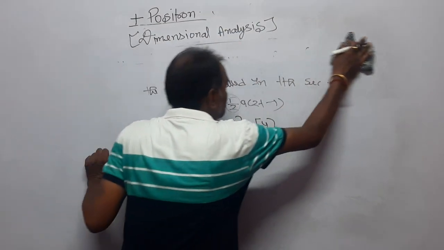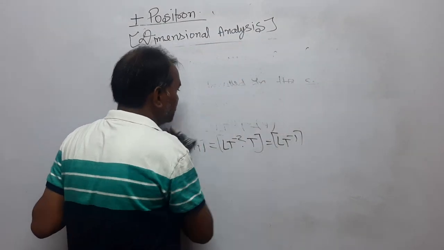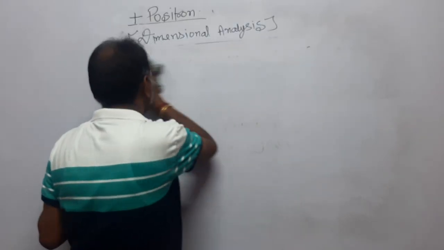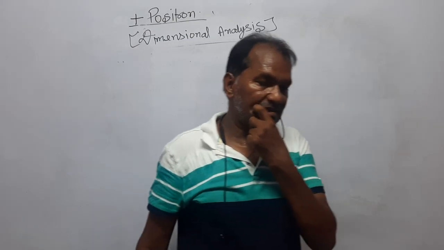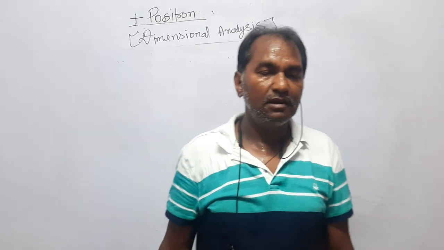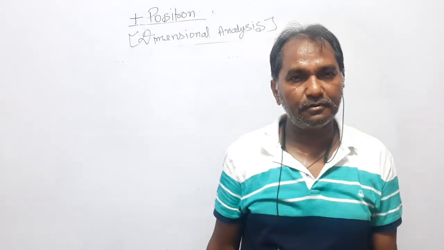Now dear students, we are studying dimensional analysis and its applications. The two applications I discussed with you: first one is the conversion of a physical quantity from one system of units to another system of units.